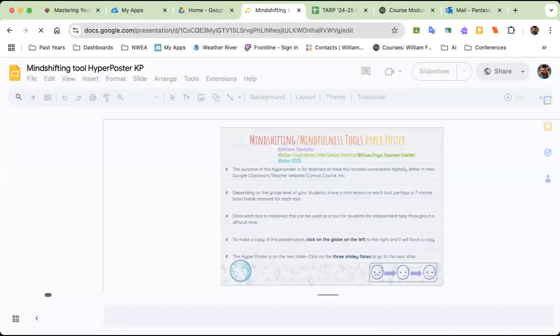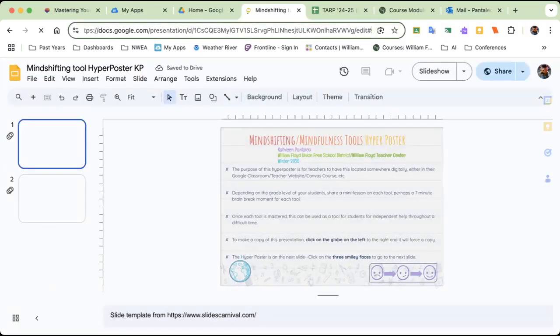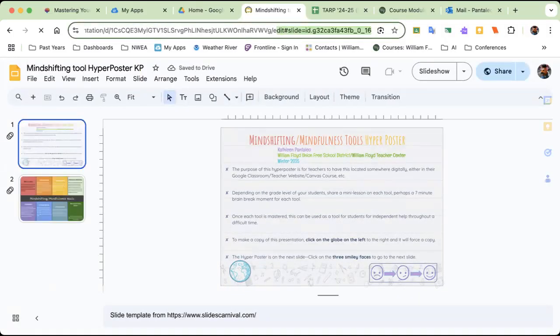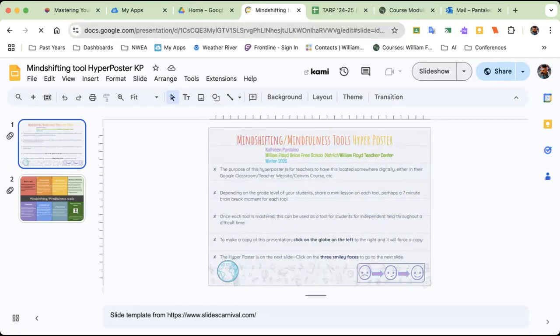Or if you change this last end to copy, you can force a copy. So if anyone clicks on the link, it will force the copy for them. I actually made that in this. We're getting a Google Slides lesson also. Thank you. You're welcome.